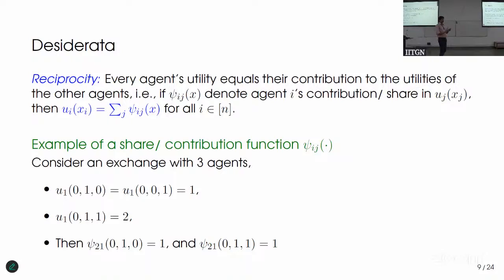However, if you change this utility to 1, meaning that both these data sets are identical, so there is no extra profit from getting data from both agents, then the contribution of agent 2 is 1 if agent 1 doesn't receive any data from agent 3, and it's 0.5 if agent 1 receives all the data from agent 3. So the important thing is that the contribution of an agent towards another agent's utility does not only depend on how much data this agent gives, but on what data agent j receives from the other agents. This non-separability is the main reason behind the non-triviality of the problem that we will see.